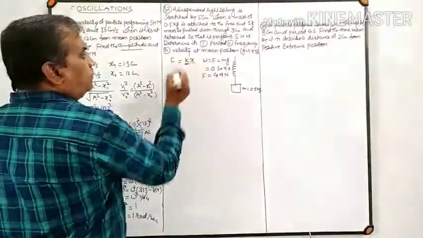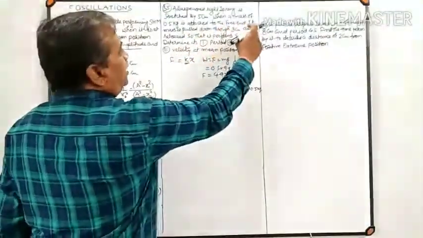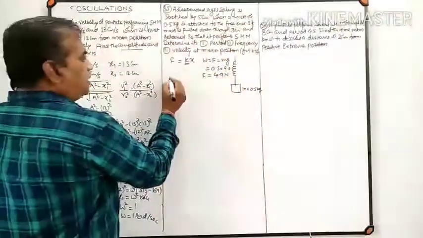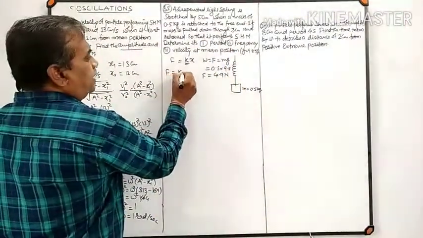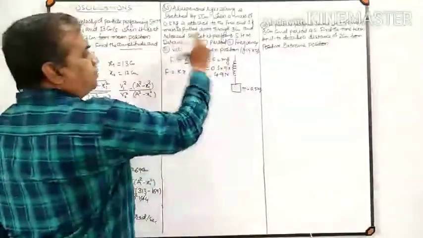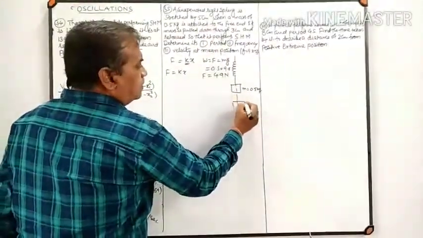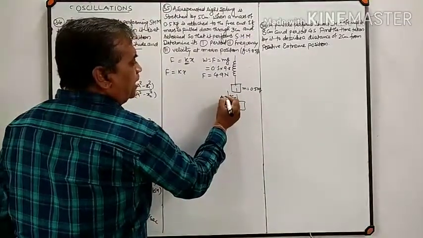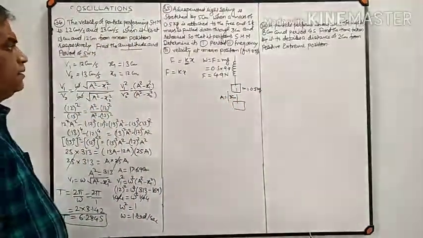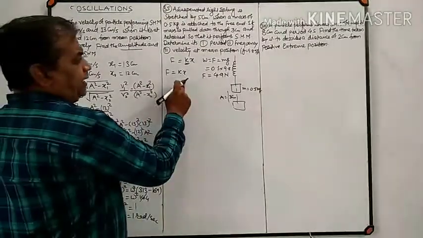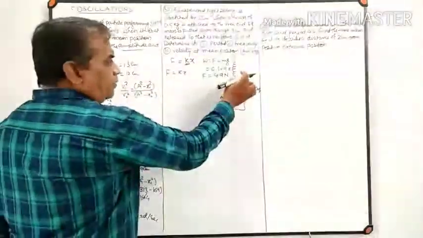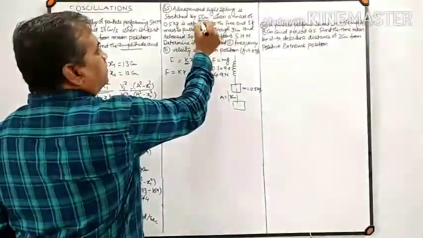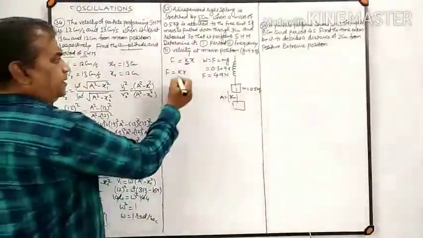Now to find out the force constant, see here, to the free end, the mass is pulled down further through 3 centimeter. Now before that, F is equal to Kx. If that mass is pulled down through a distance of 3 centimeter, it means the amplitude of vibration is 3. Initially, when a mass of 0.5 kg is attached, the extension produced in the spring is 5 centimeter.